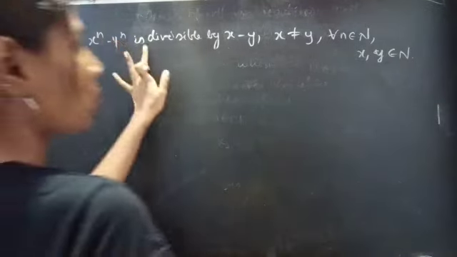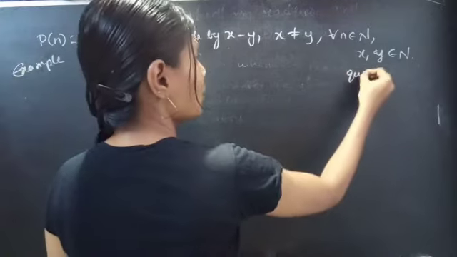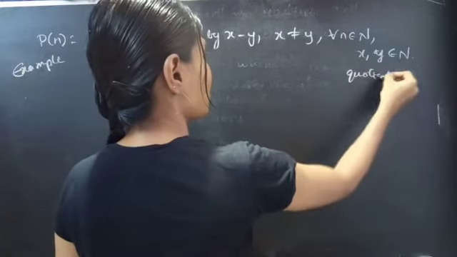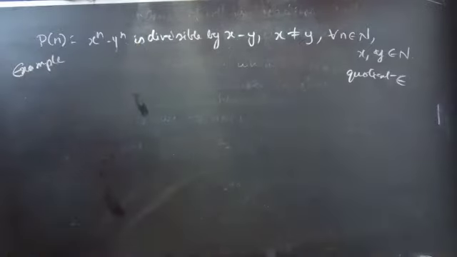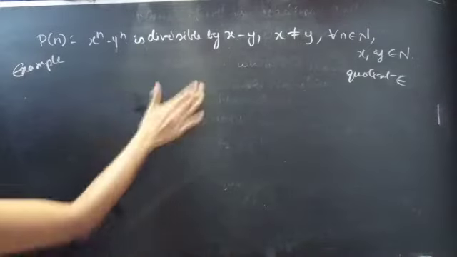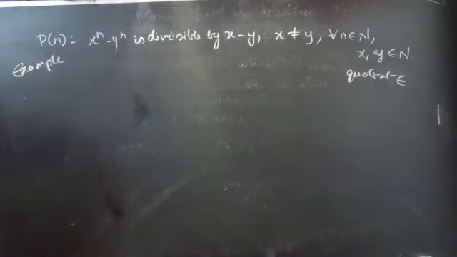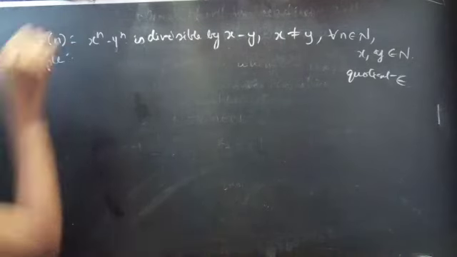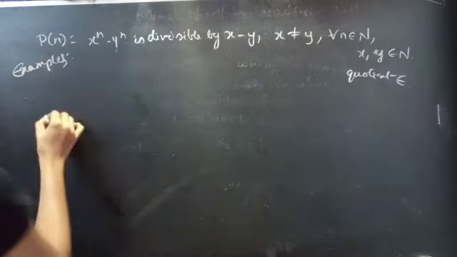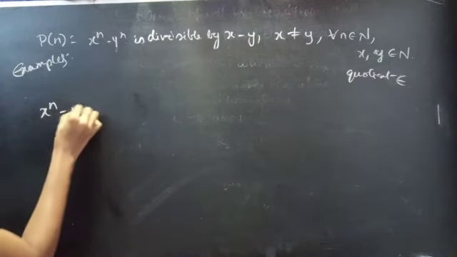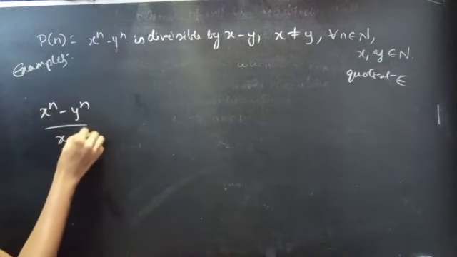So in this problem, we have some coefficients, right, belonging to some set of numbers. So let's see, after observing some examples, we'll choose (x^n - y^n)/(x - y).